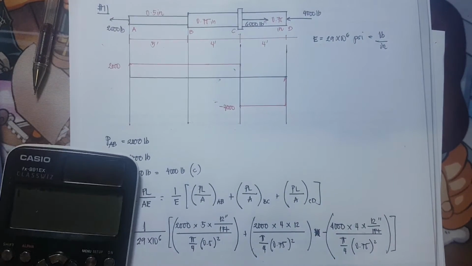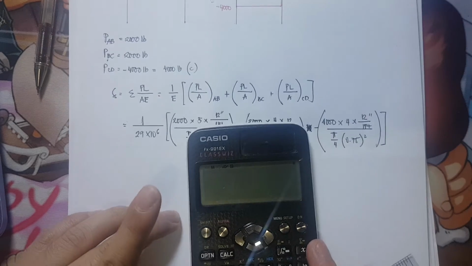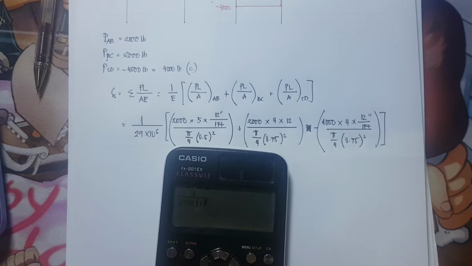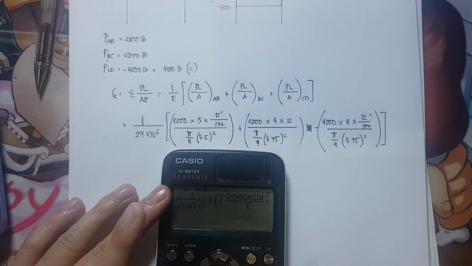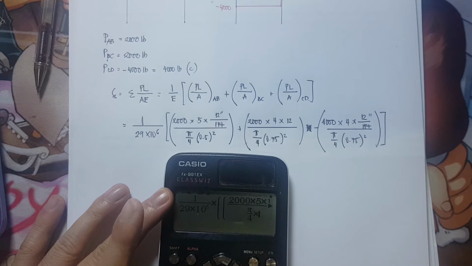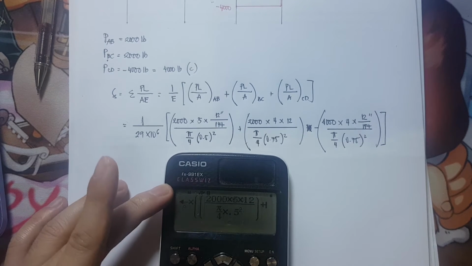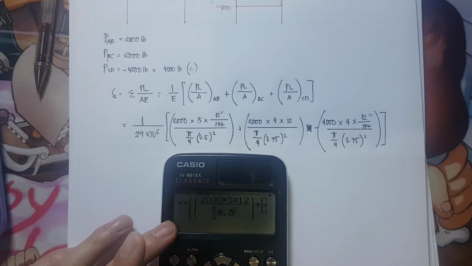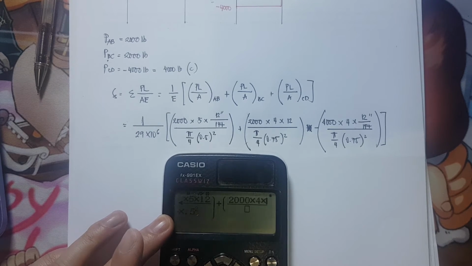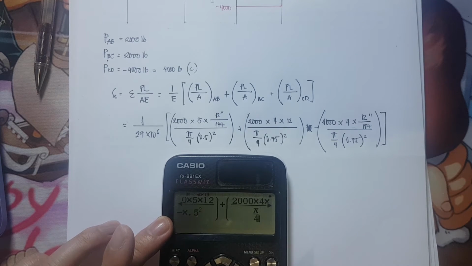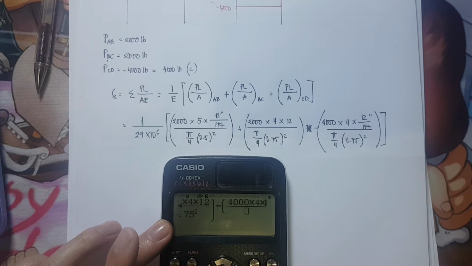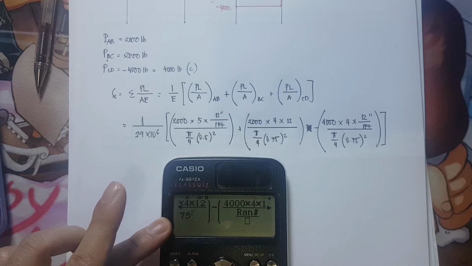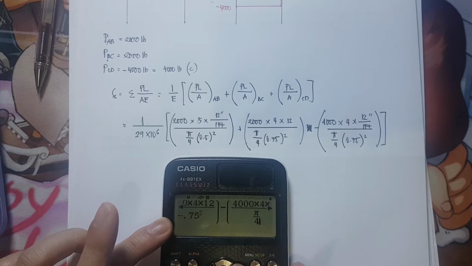So we have here 1 over 29 times 10 raised to 6 times 2,000 times 5 times 12 divided by pi over 4 times 0.5 squared, plus 2,000 times 4 times 12 divided by the cross-sectional area, or minus rather, minus 4,000 times 4 times 12 divided by the cross-sectional area of the third segment.